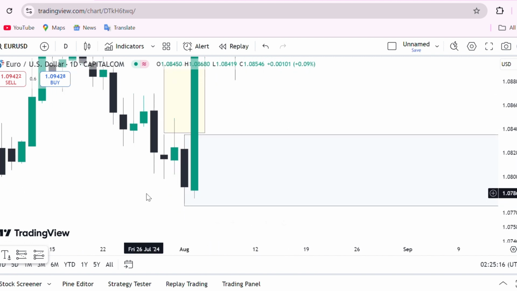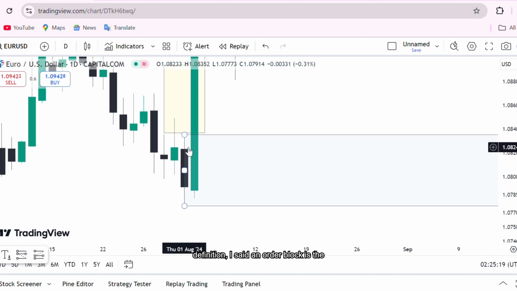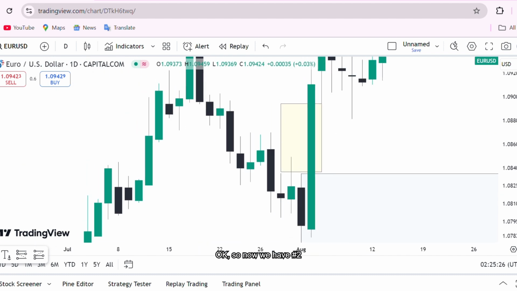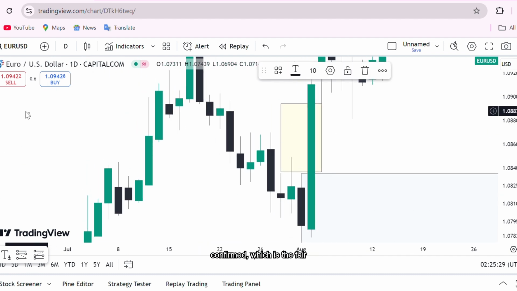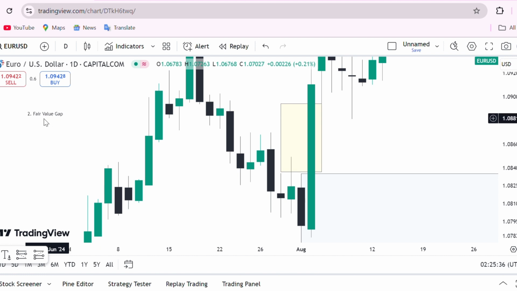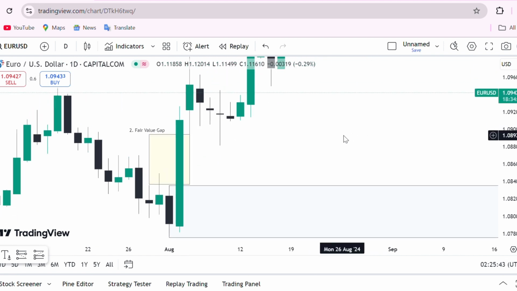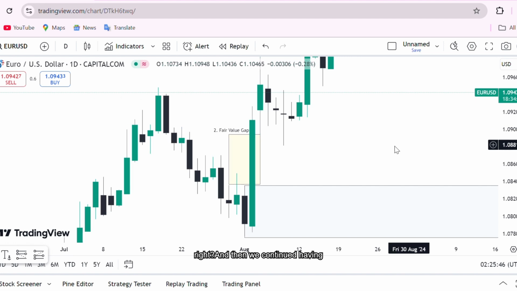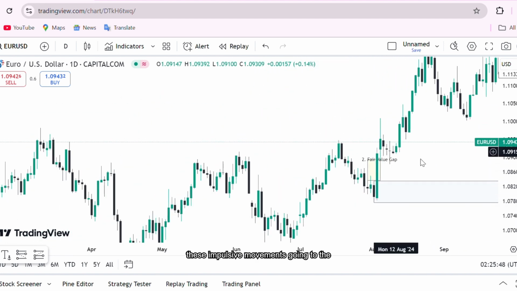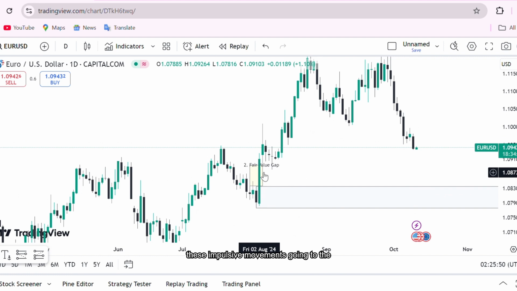In my definition, an order block is the last opposite candle before the market went in the other direction, right? So now we have number 2 confirmed, which is the fair value gap. And then we continued having these impulsive movements going to the upside direction.